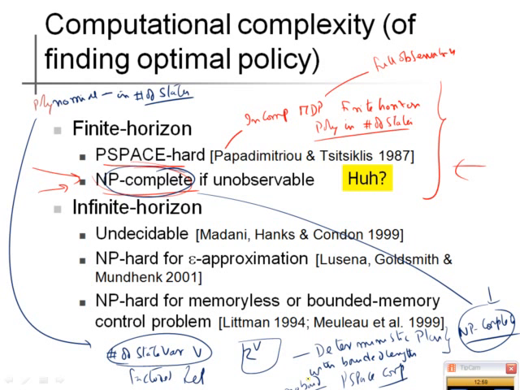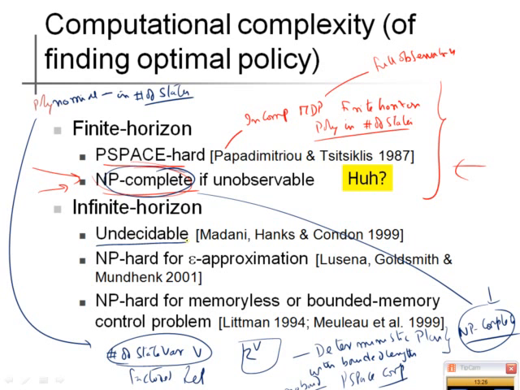Okay, so that's the POMDP for finite horizon. For infinite horizon, things can only become more interesting, right? It turns out it's undecidable. That means finding an optimal policy for an infinite horizon POMDP is an undecidable problem.